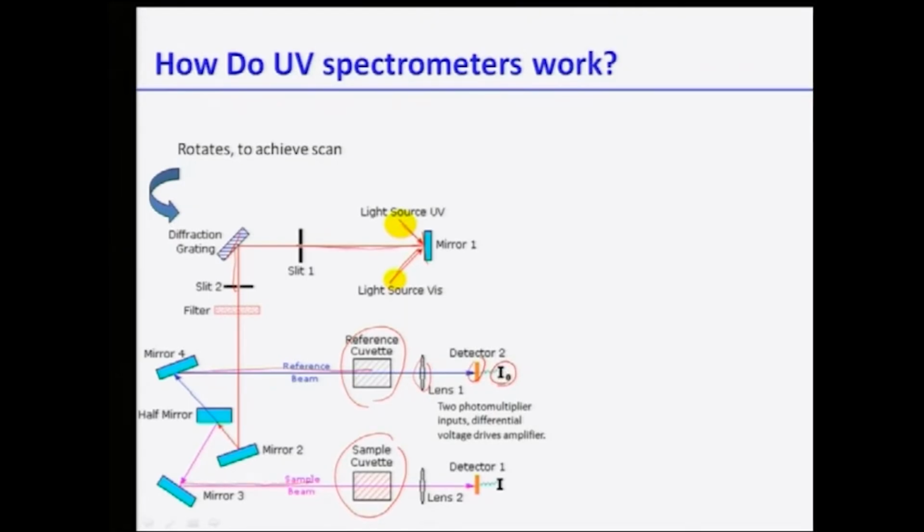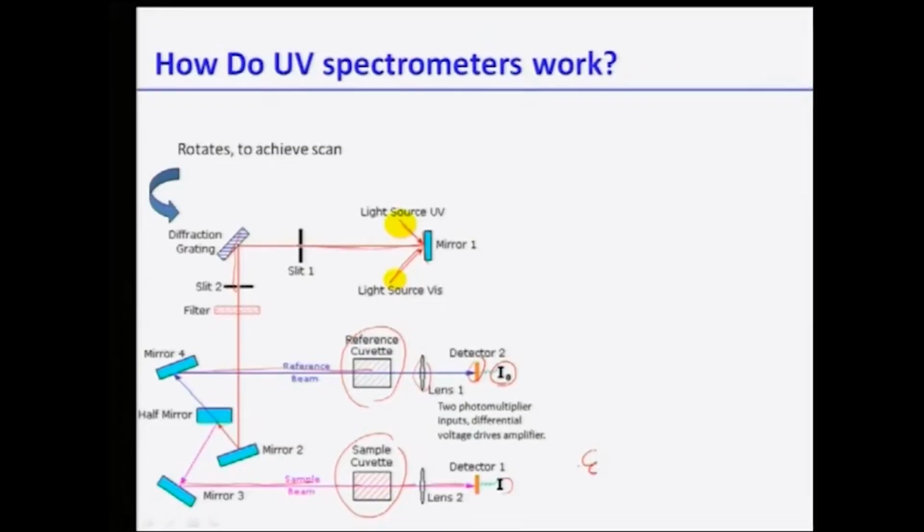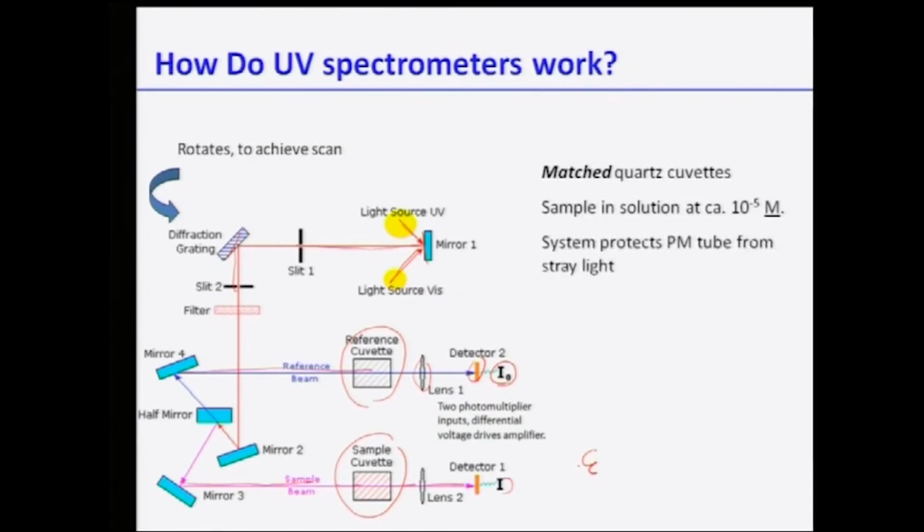The other part goes to the sample and then falls on the lens, is focused onto the detector, and gets the intensity I. Once you know the absolute values of the intensities, you can use the Beer-Lambert law to get the value of the molar absorptivity for the particular sample. Normally we use quartz as the cuvette.